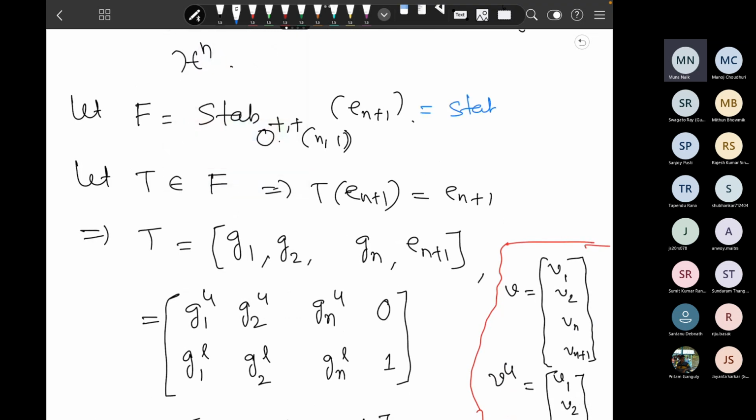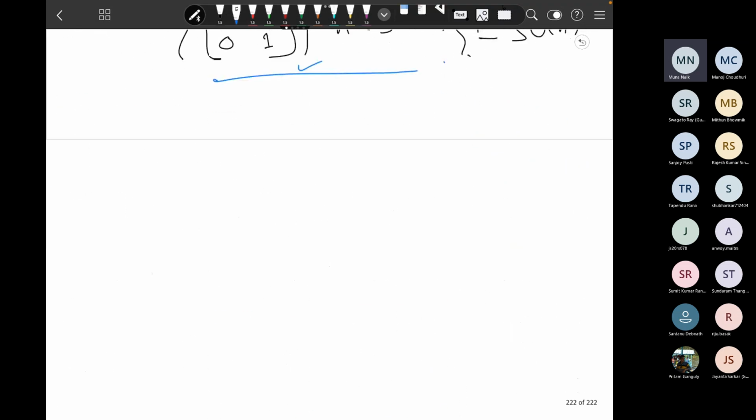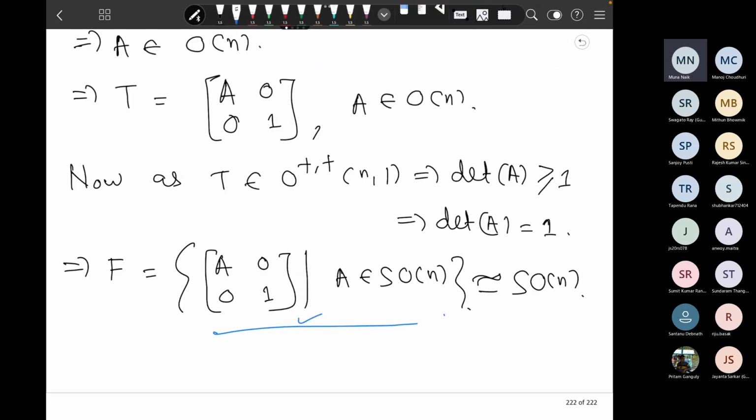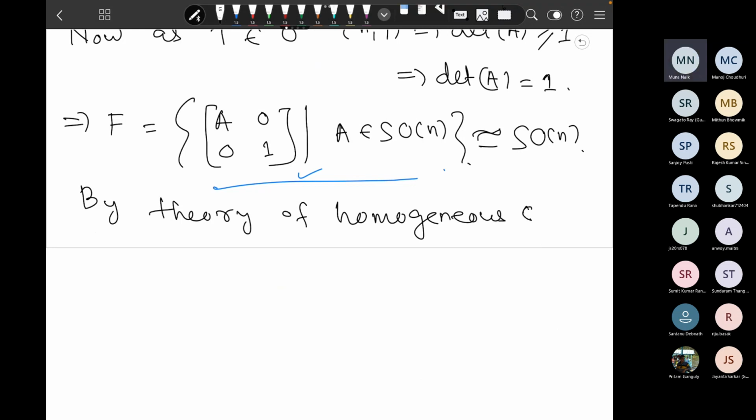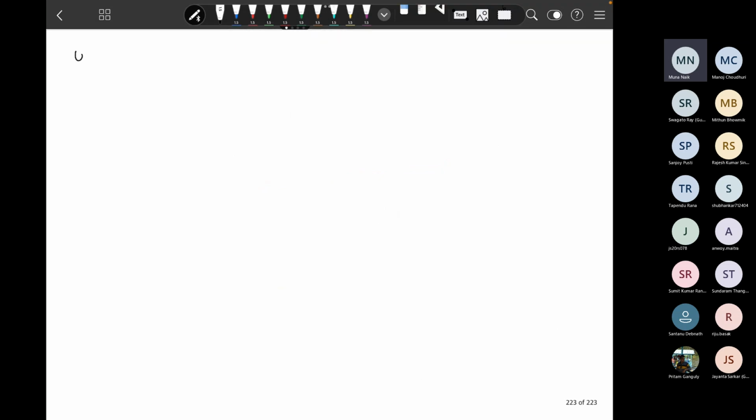Actually, here n plus 1, n. Okay, so this is really the thing I am getting. By the theory of homogeneous spaces, we get O^{++}(n,1) mod SO_n.